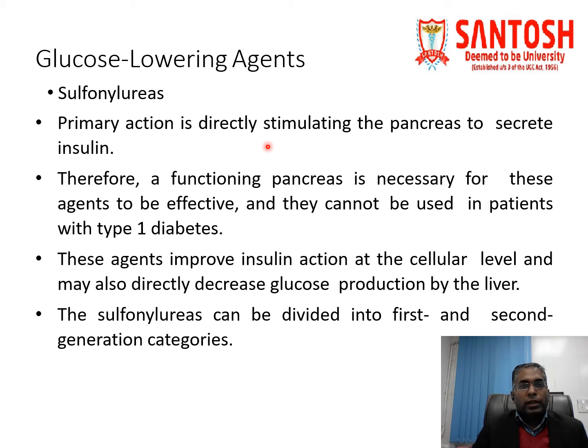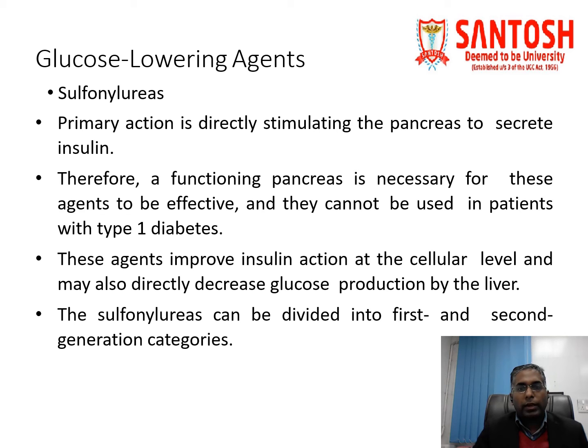The primary action is directly stimulating the pancreas to secrete insulin, so they are also known as insulin secretagogues. Therefore, a functioning pancreas is necessary for these agents to be effective, and they cannot be used in patients with type 1 diabetes mellitus because there are no pancreatic beta cells for these drugs to act on. These agents improve insulin action at the cellular level and may also directly decrease glucose production by the liver.